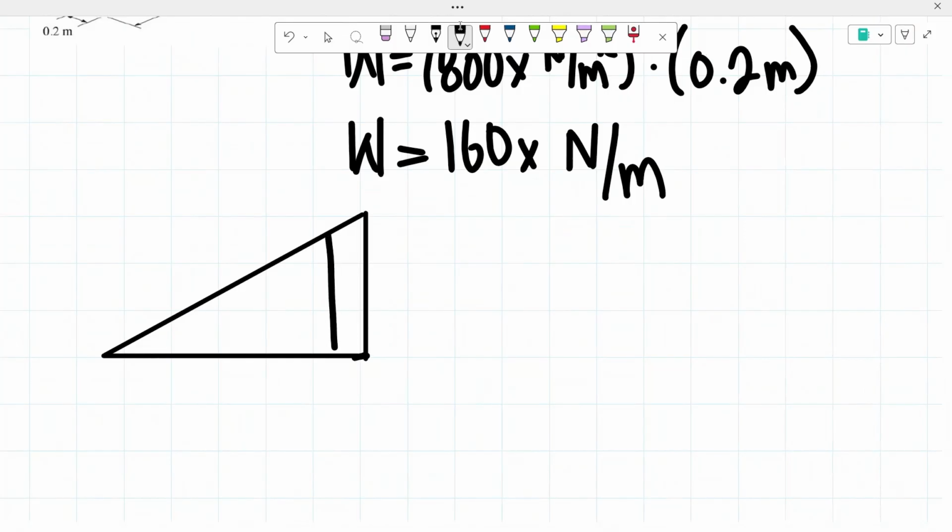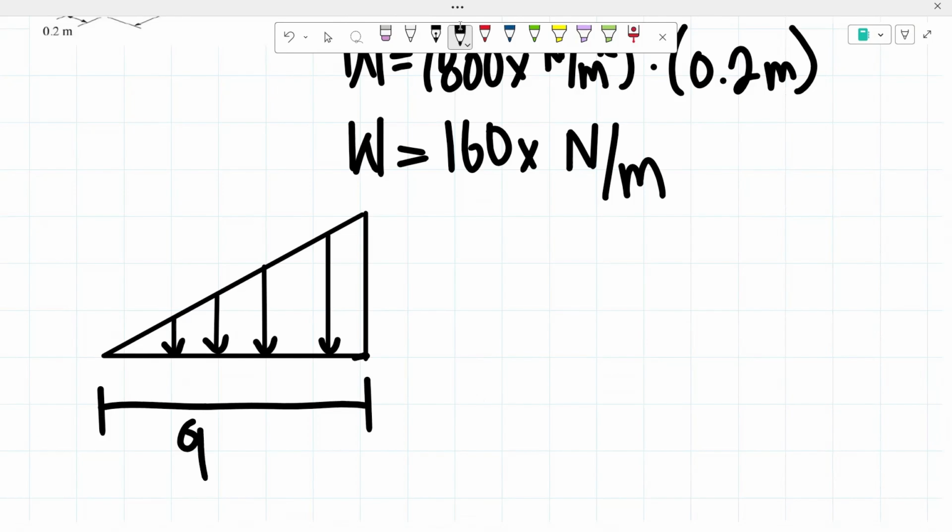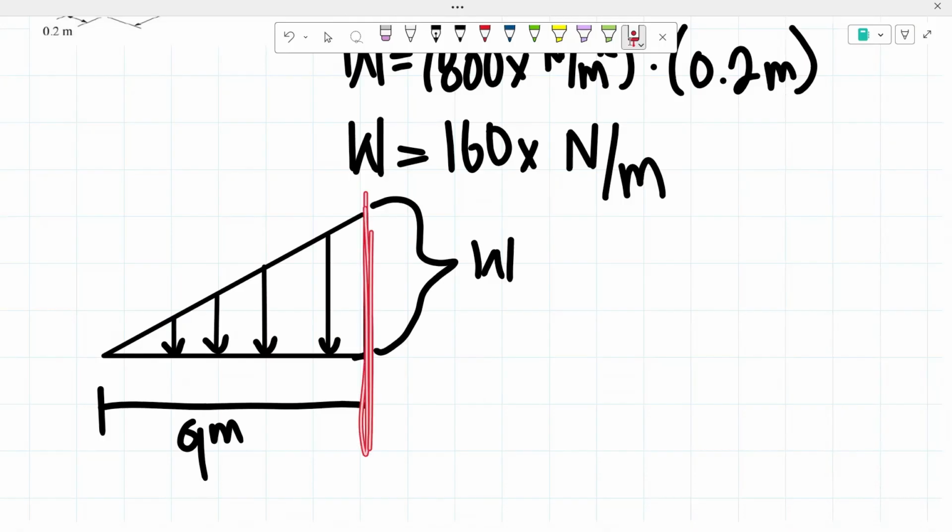And then we have that weight coming downwards because the pressure in the figure was also acting downwards. So we know that weight is going to be acting downwards. So remember, this has a length of 9 meters. And remember that right here, this is the maximum weight. So to find the maximum weight, we simply have to apply the length right here to get that weight at this point of the triangle.